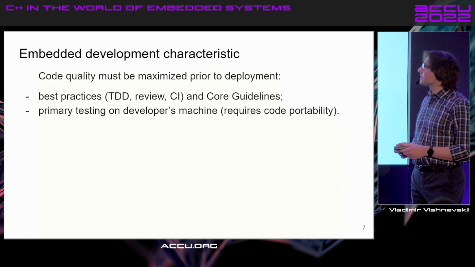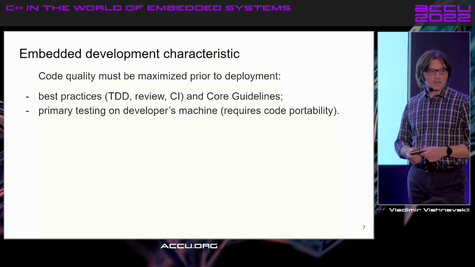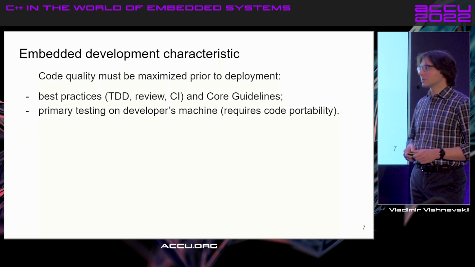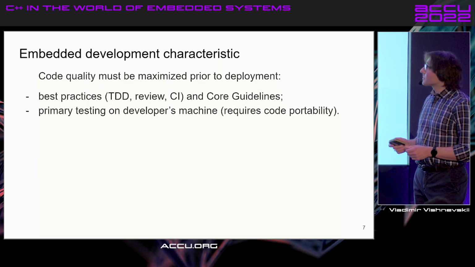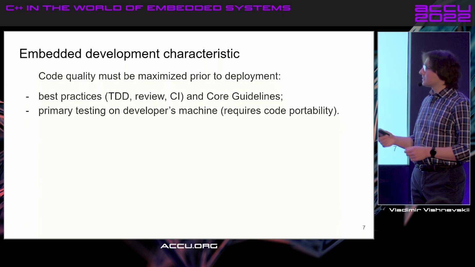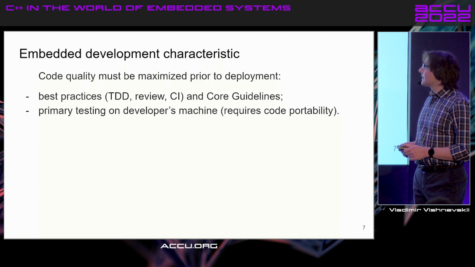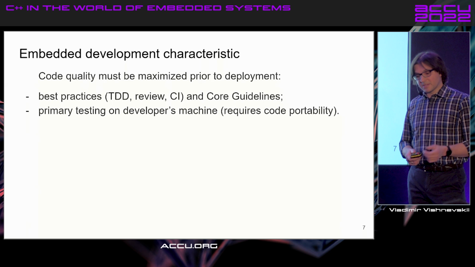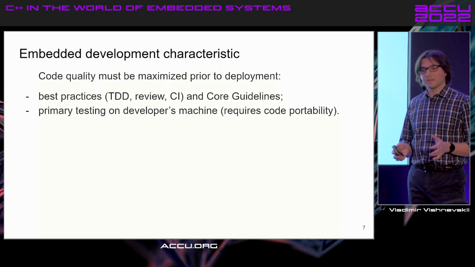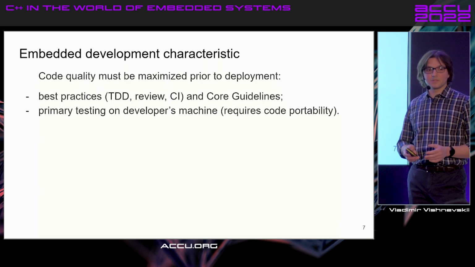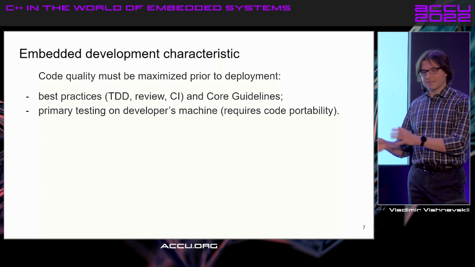All different approaches that are designed to improve the code quality should be used as well. Of course, test-driven design, different forms of continuous integration, and of course, as I already said, it would be really convenient and also improve the developer's productivity if code can be written and tested on the platform.